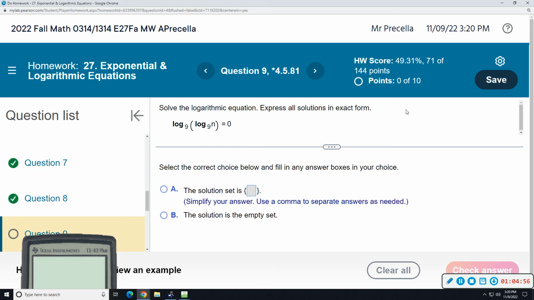Oh wow, number 9, this looks different. The way it just says log, log, we haven't seen any like that. But it's actually easier than the other ones.